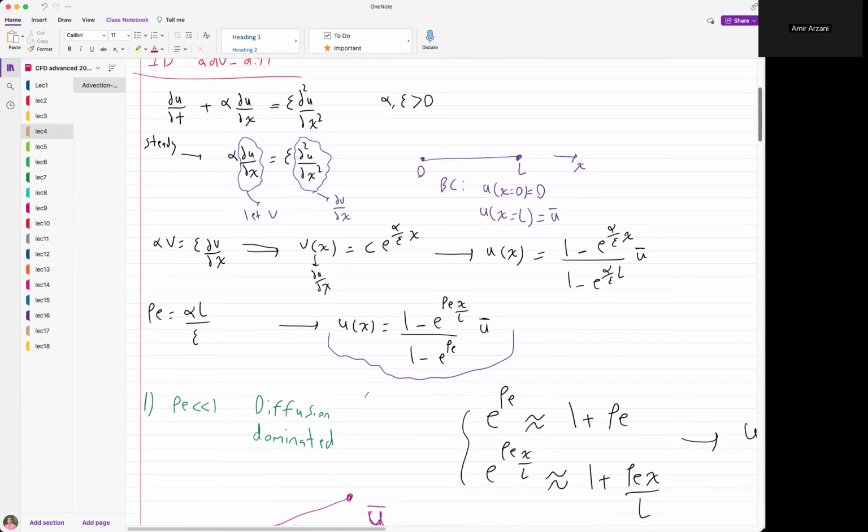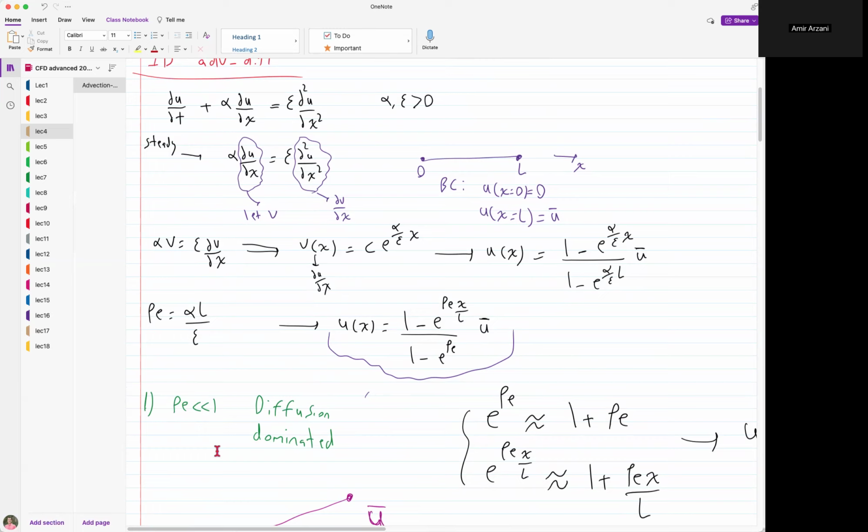I would like my numerical solution to provide a good approximation for this analytical solution. I can divide the physics of this problem into two regimes. The first is the case when diffusion dominates, which is when Peclet is very small.